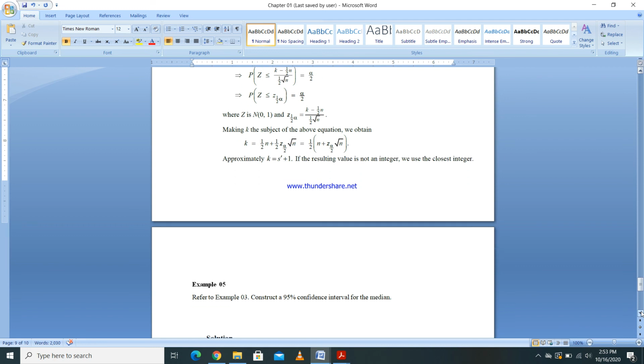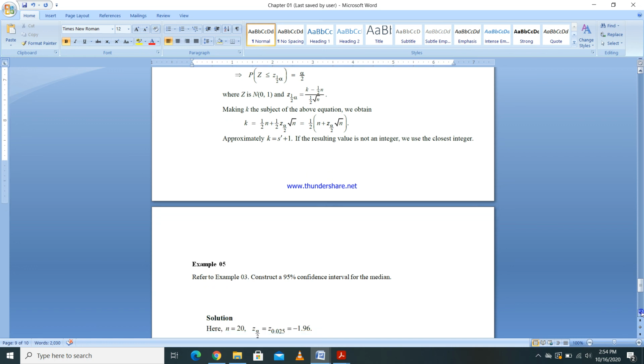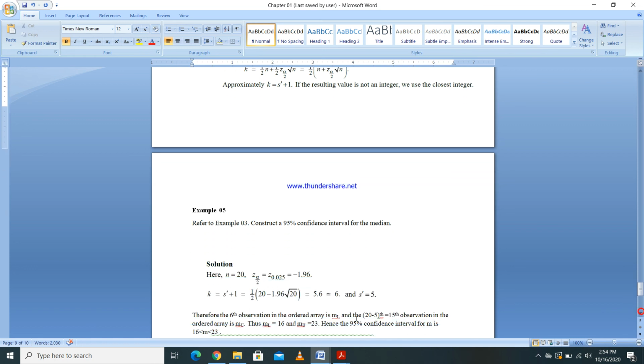I'll explain this using an example. In example 3 you have a large sample, that is a sample with more than 15 observations, so we use the large sample approximation. If I use the same sample to construct a 95% confidence interval, your n is 20.